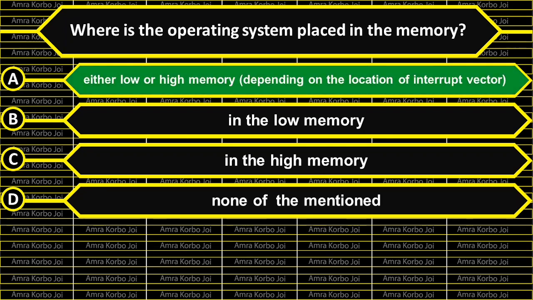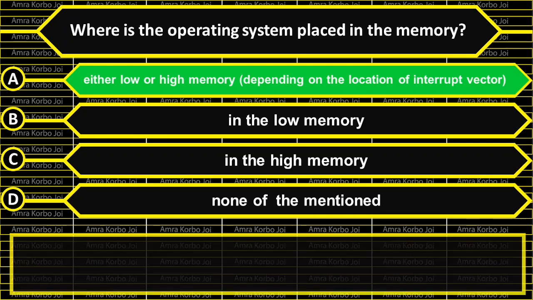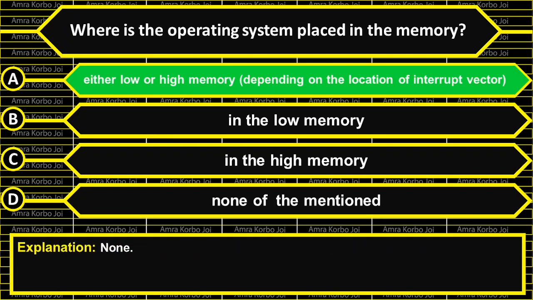Correct answer option A, either low or high memory, depending on the location of interrupt vector. Explanation: none.